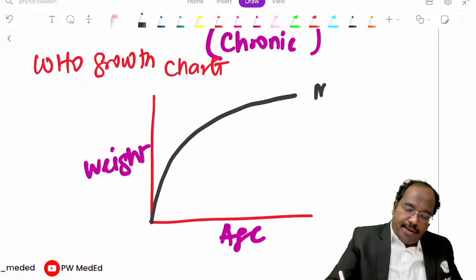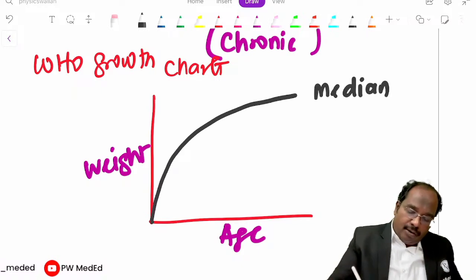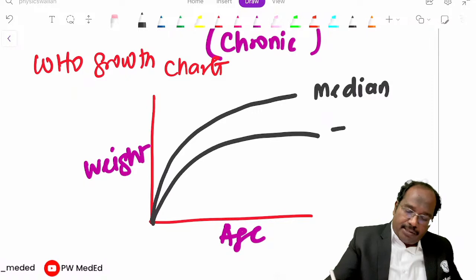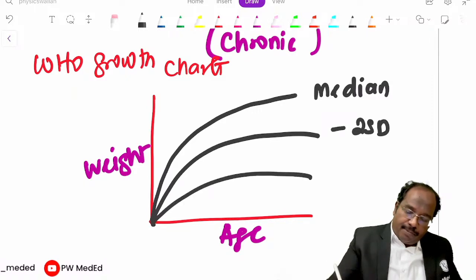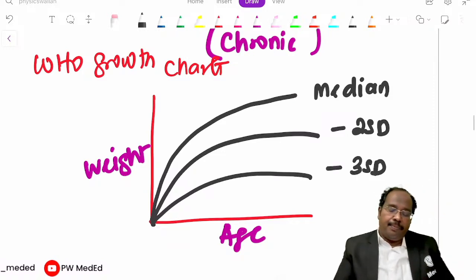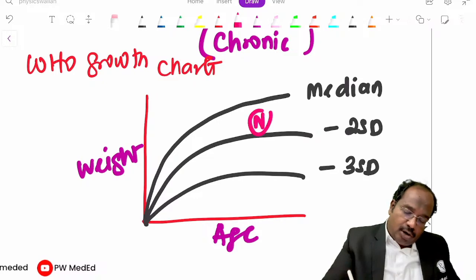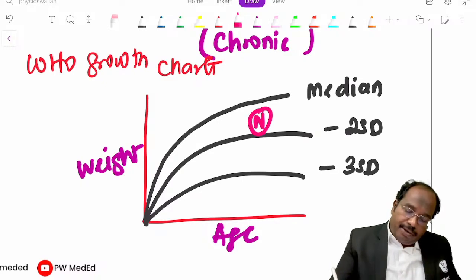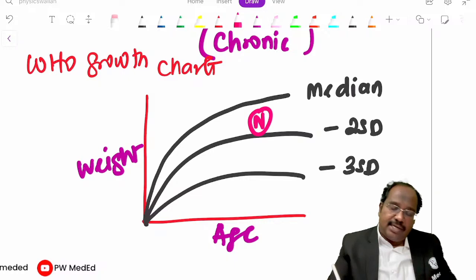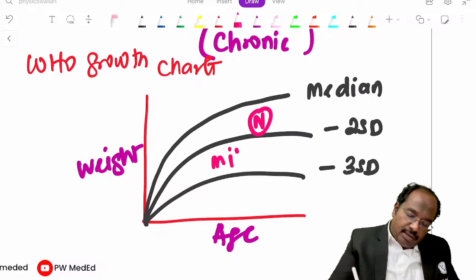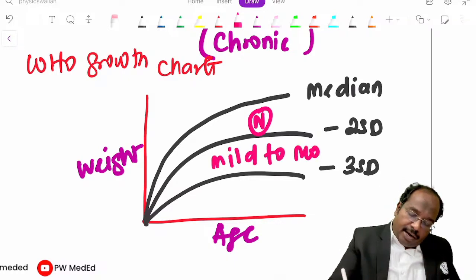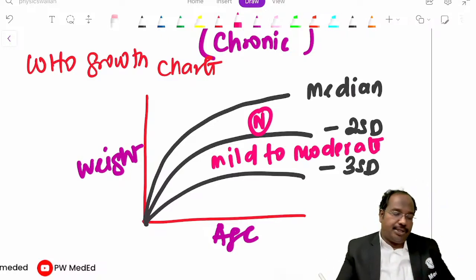This is the median, then median minus 2 standard deviation, then median minus 3 standard deviation. Any child between the median and minus 2 is normal. Between minus 2 to minus 3 standard deviation is mild to moderate undernutrition. This is not a SAM child, this is undernutrition.